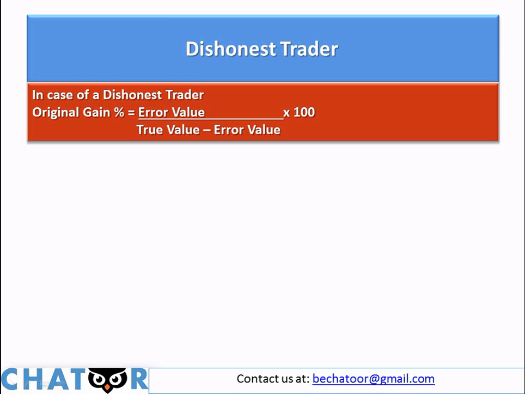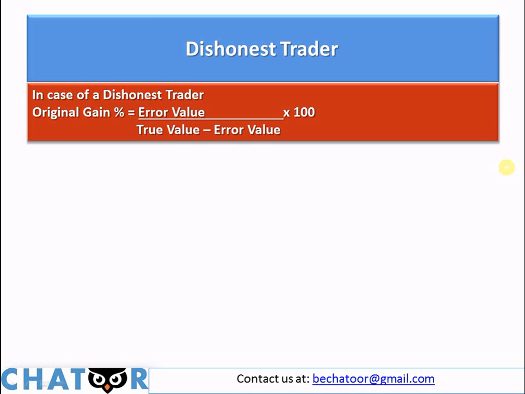So here the original gain percent is equal to error value upon true value minus error value into 100. This is again a particular formula that you need to remember. It's pretty simple. Once you start solving the sums, you will realize that it's not as difficult as it sounds right now.